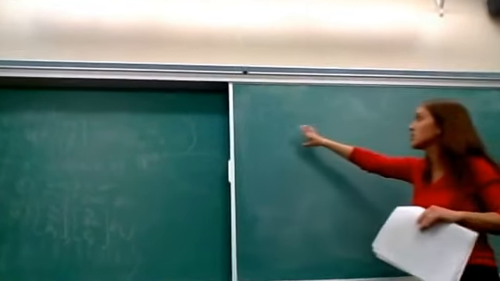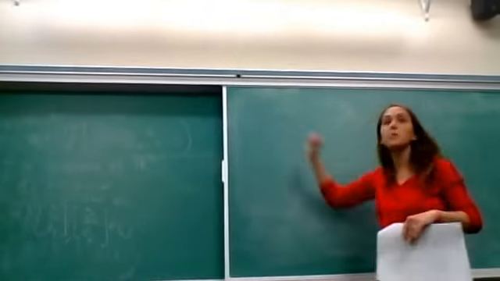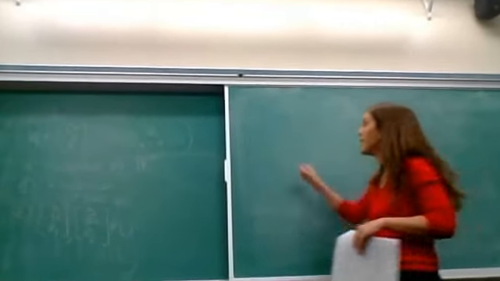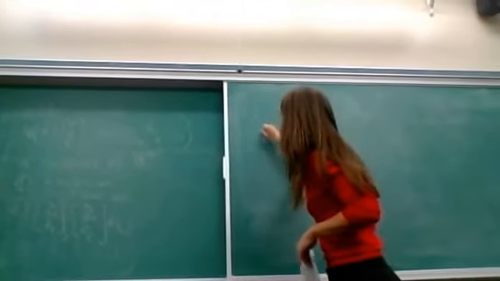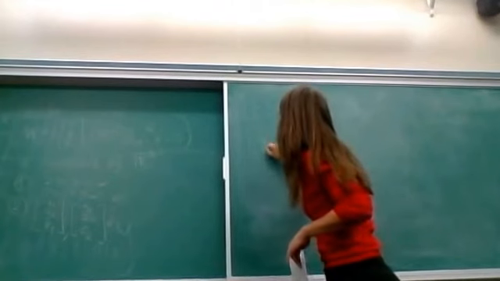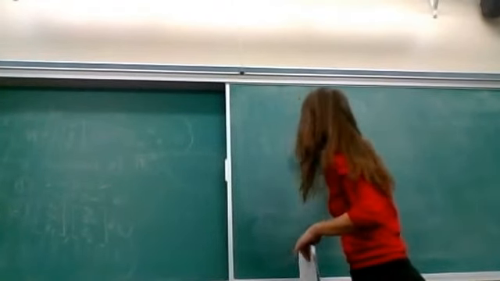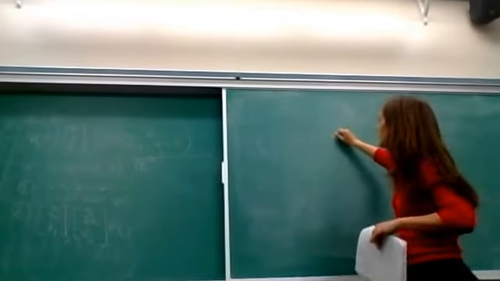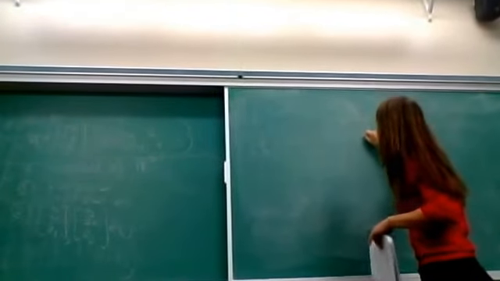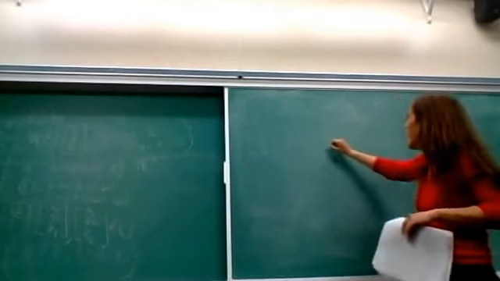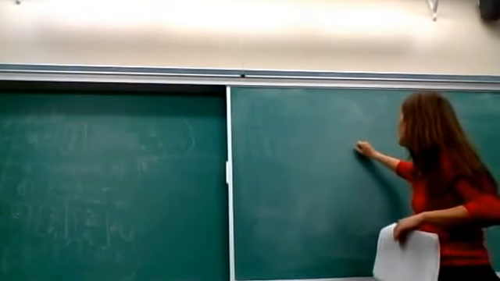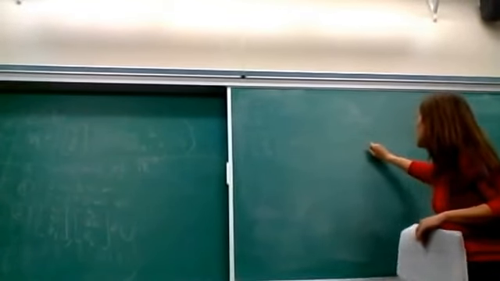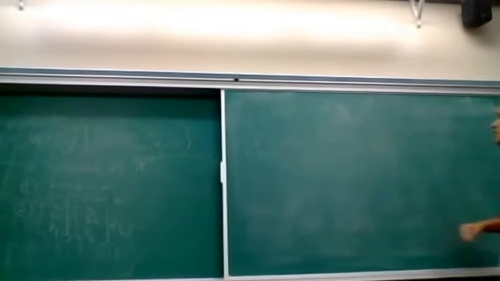This is the condition for x1, y1, z1 being contained in W. Now I can write a similar thing for x2, y2, z2. This is in W if and only if 2 times x2 equals 3 times y2, and x2 plus y2 plus z2 equals 0.